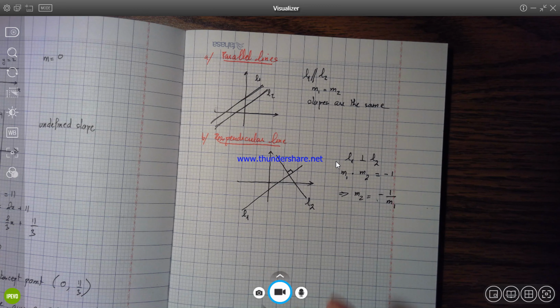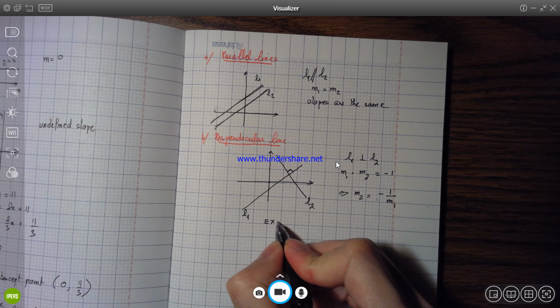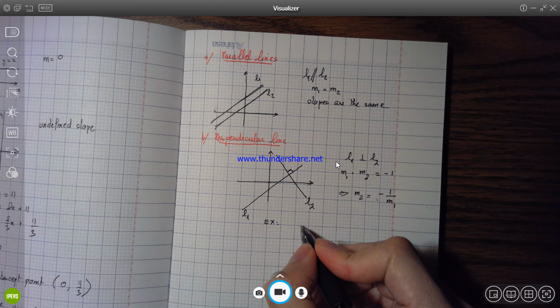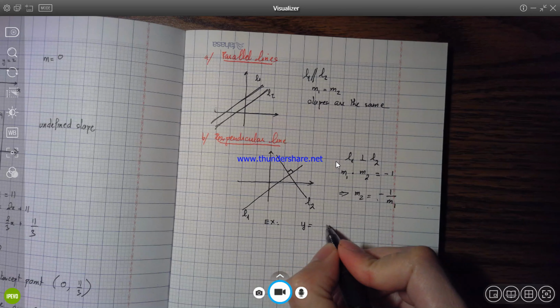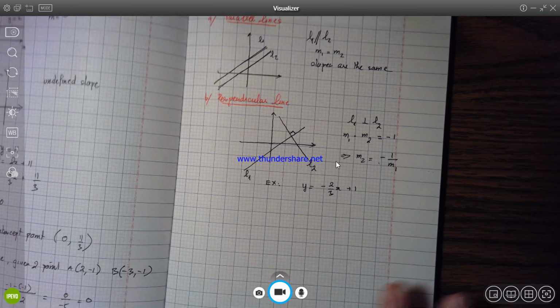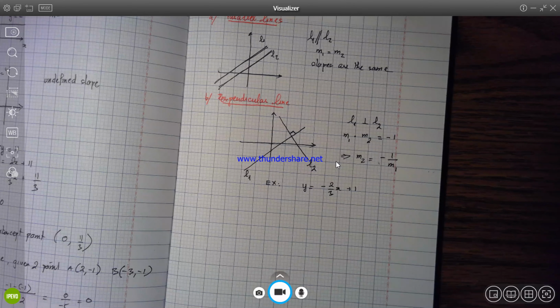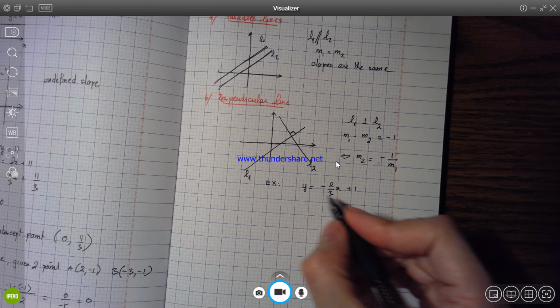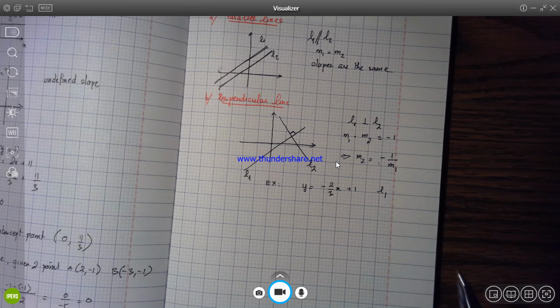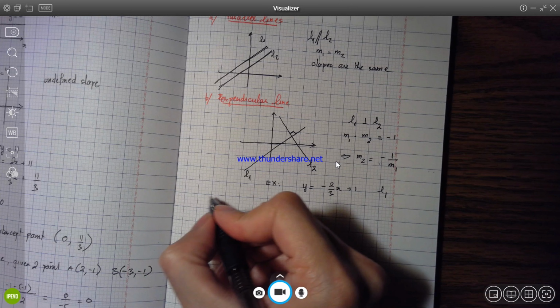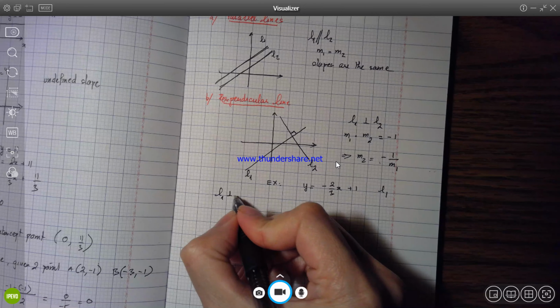For example, what if I have the first line L1: y equals negative 2 over 3x plus 1, and I know that L1 is perpendicular to L2.